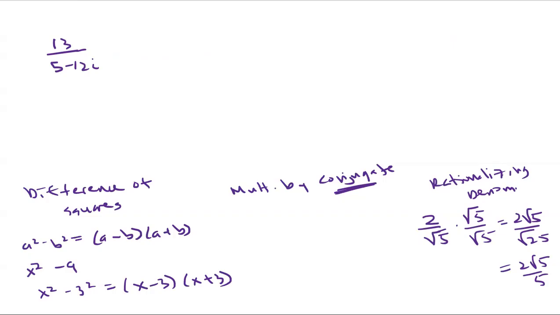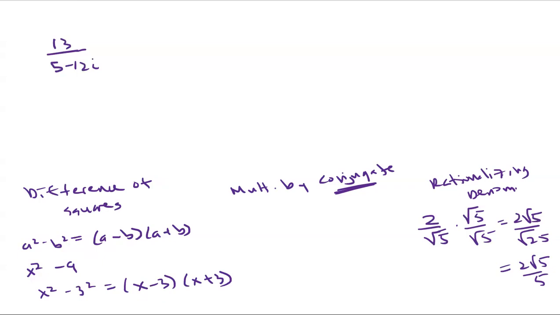All right, so when they say multiply by the conjugate, if we had x minus 3, the conjugate would be x plus 3. And vice versa. If we had x plus 3, the conjugate would be x minus 3. So it's just going to be the opposite. Okay? So in this case, that's what we're going to do here.